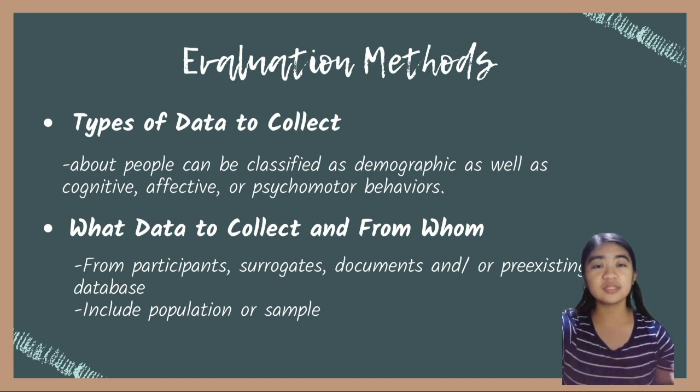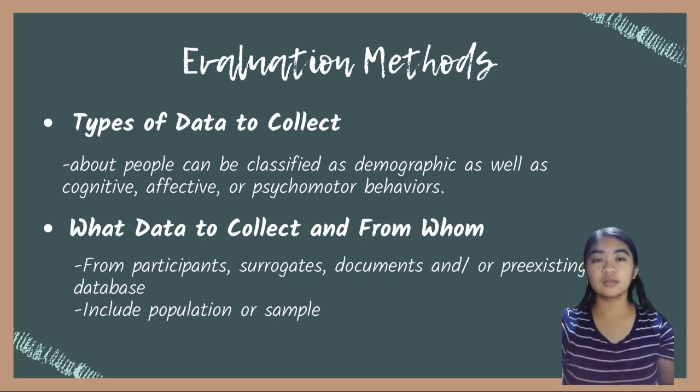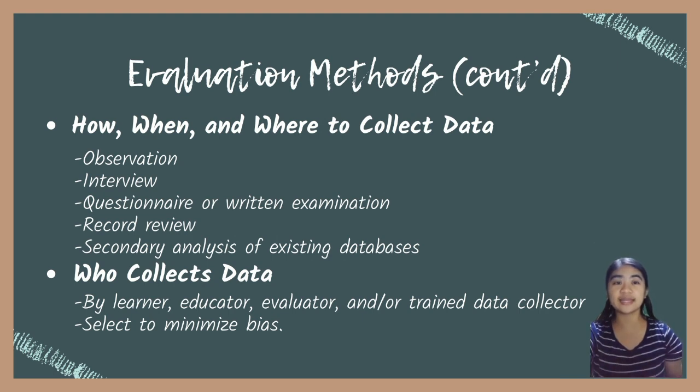The types of data collected about educational activities or programs generally include factors such as cost, number of educators, required teaching-learning methods, and the amount and type of materials required. And so how, when, and where to collect data.